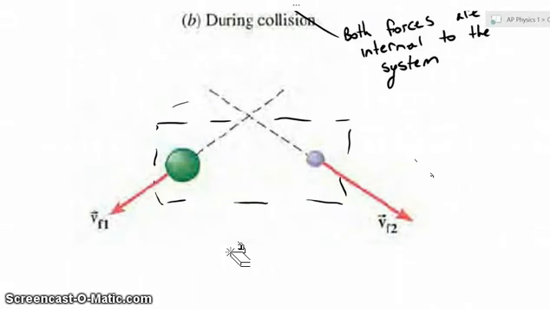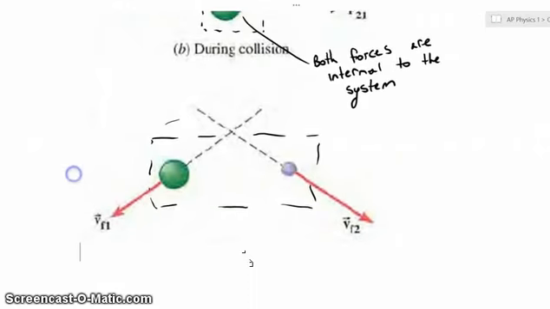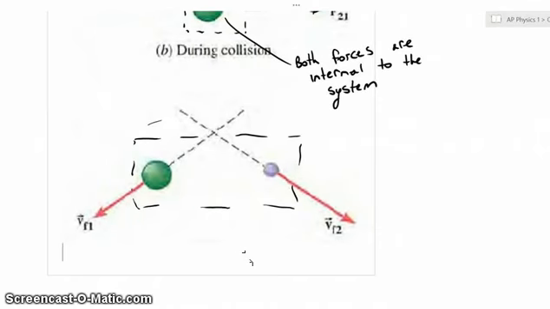And so that's why it's useful for us during a collision to define the system as both of the objects and not look at one individually. Because those internal forces are action-reaction pairs, and the net impulse is zero during the collision in that case.